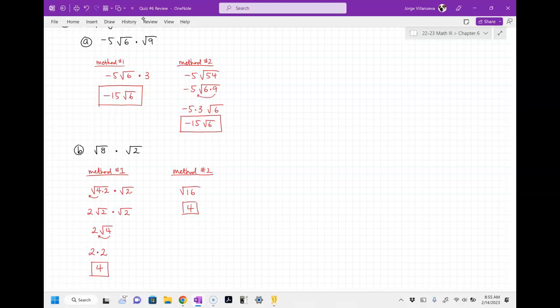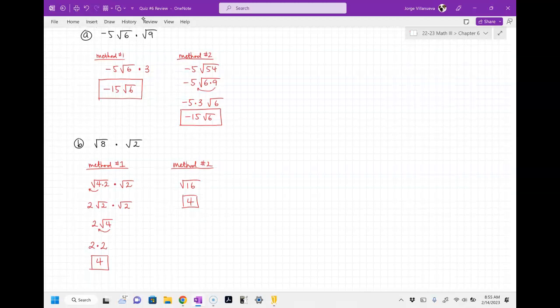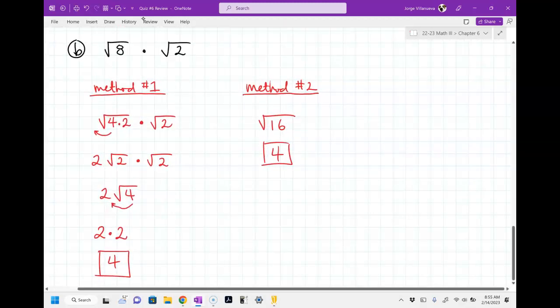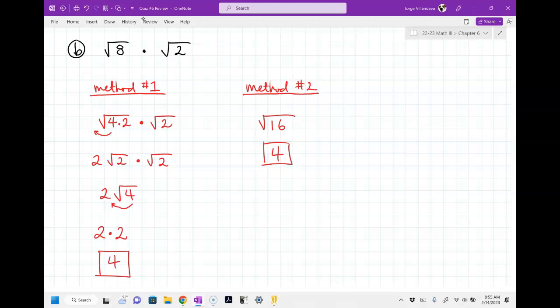Do I want to multiply first and do it in my head, 6 times 9 is 54? Or do I want to simplify? Well, I don't have a square root of 6, but I do have a square root of 9. Maybe I should break it down first. Same thing I did with part B. In part B, I said, well, square root of 8, I don't know. I mean, I know I've got to break it down. But I know 8 times 2 is 16, and I know the square root of 16.